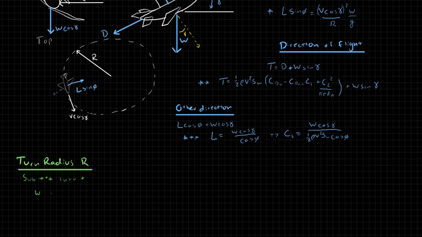What we get is W cos gamma times tangent of phi, because tangent is the sine of phi divided by the cosine of phi.